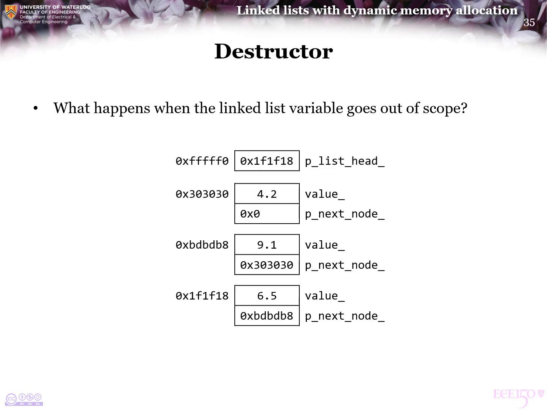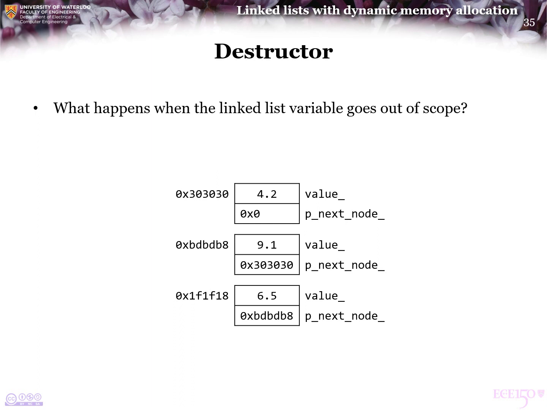Looking at our example, here we have a linked list with 3 nodes in it with the 3 values we indicated on the previous page. And if the local variable data goes out of scope, then we lose its member variable pointer to list head. So that is now gone.